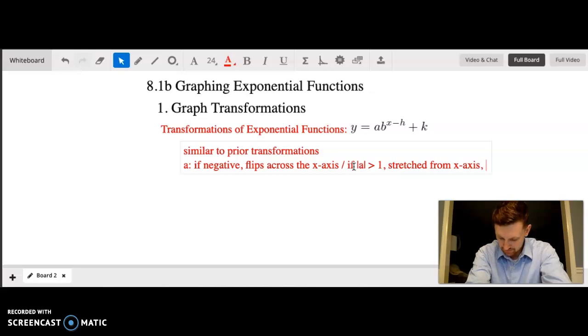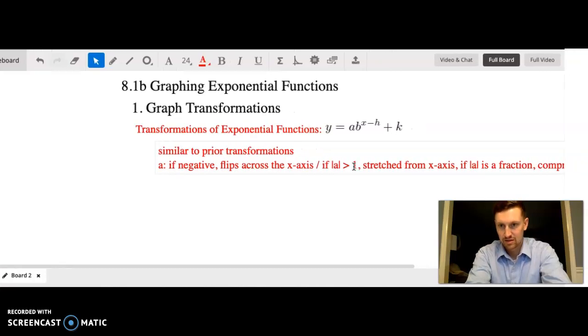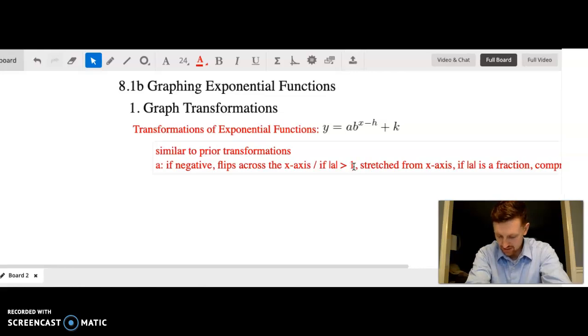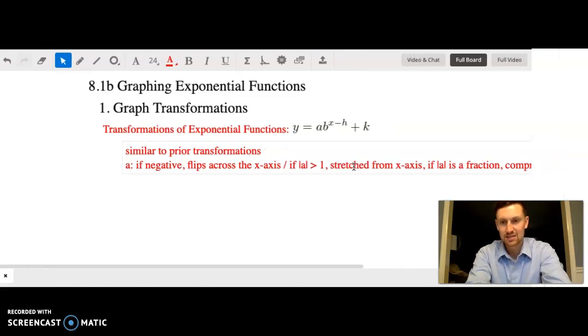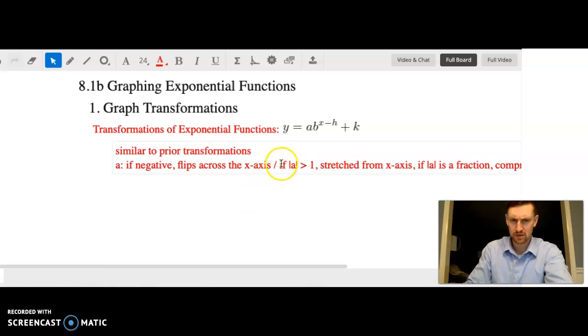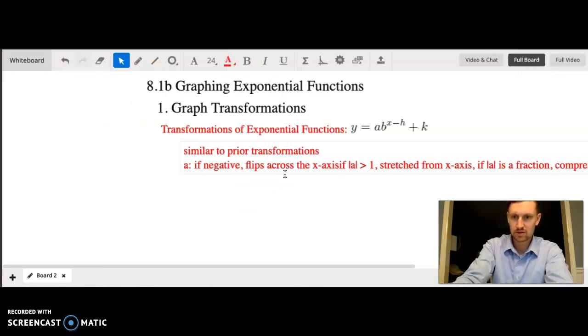And the other option is if the absolute value of a is a fraction. It's obviously not going to be negative because it's absolute value. But if it's a fraction, then we will say that it is compressed to the x-axis.